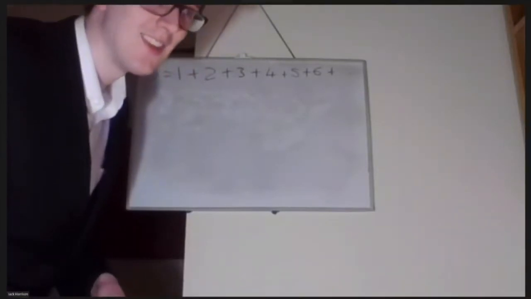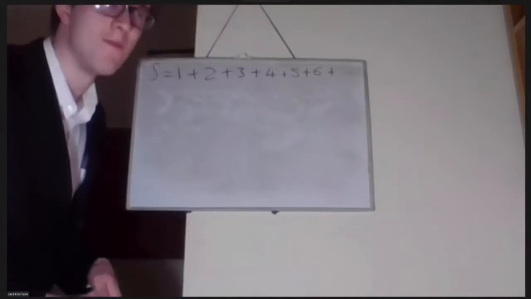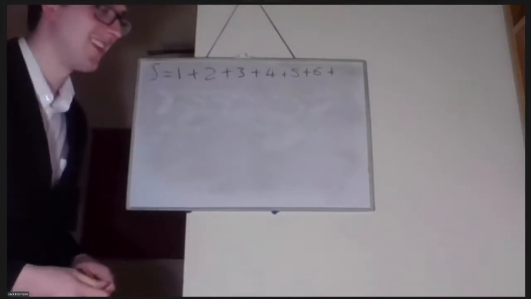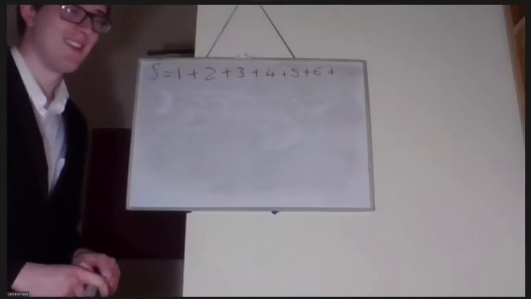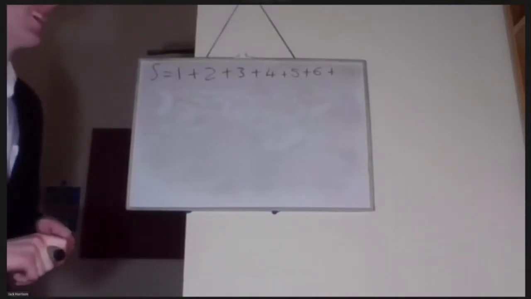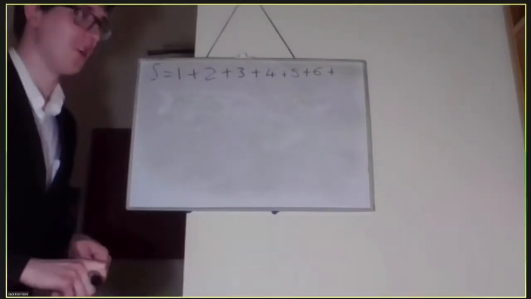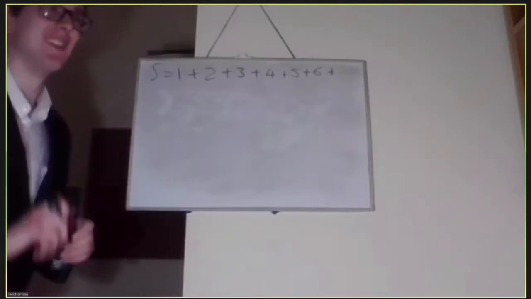Yes, so I'm getting -1 over 12, n plus 1 divided by 2, -1 over 12, plus infinity. A lot of -1 over 12. So the -1 over 12 people know where I'm going with this, but we'll get to that.